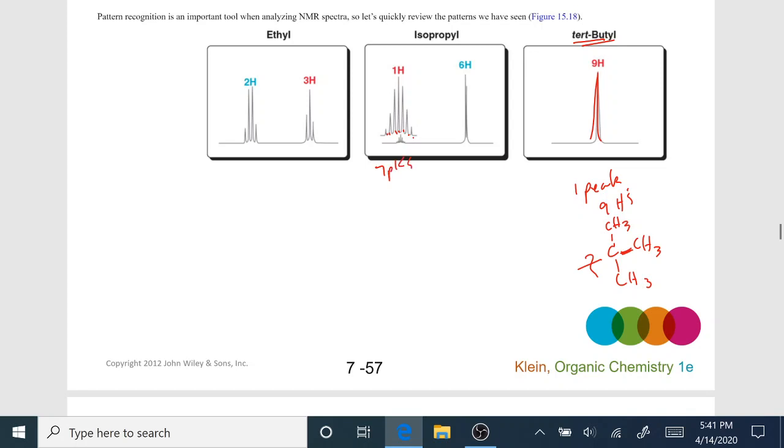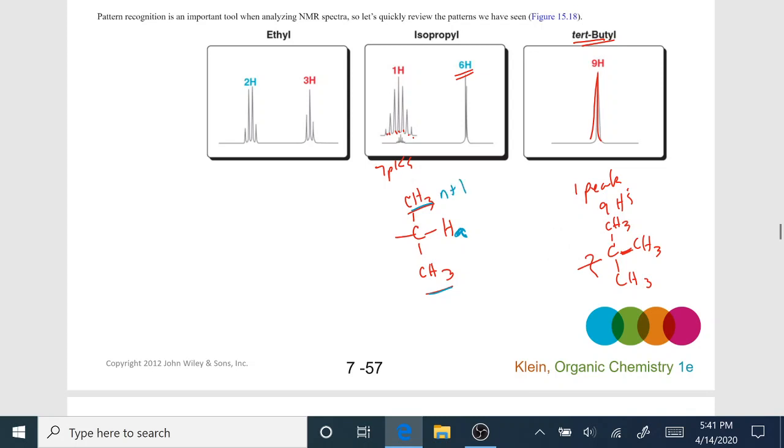Okay, so if you have 7 peaks and 2 peaks, what is that going to mean? So we have 6 hydrogens that are a doublet. Why? Because these 6 hydrogens have 1 neighbor. Let's call that neighbor HA. Okay, and these 6 hydrogens have HA for a neighbor, so HA is going to split them into a doublet. They have 1 neighbor according to the n plus 1 rule.